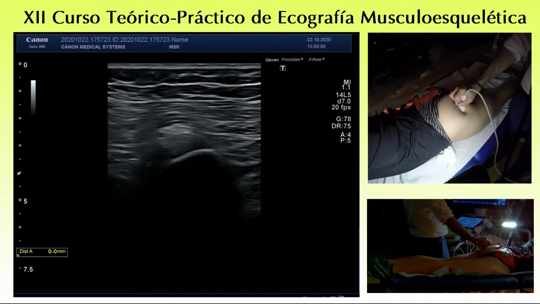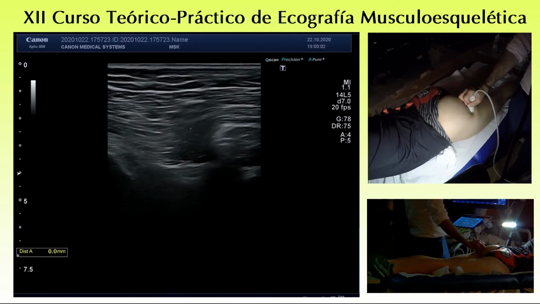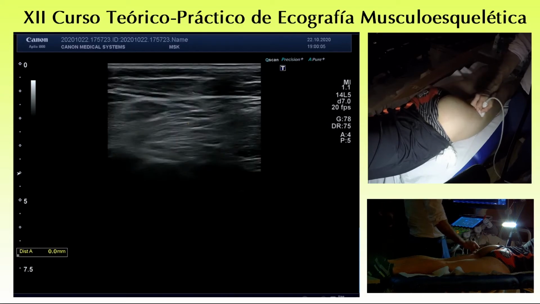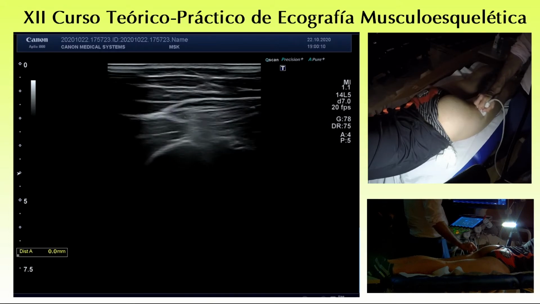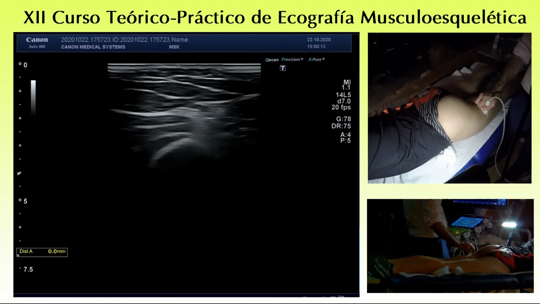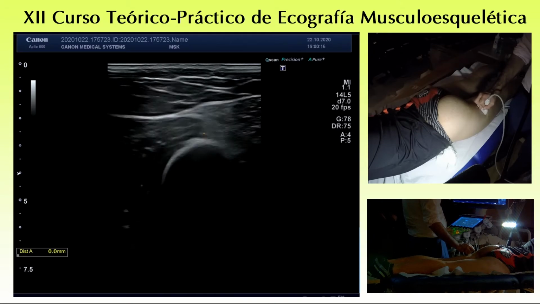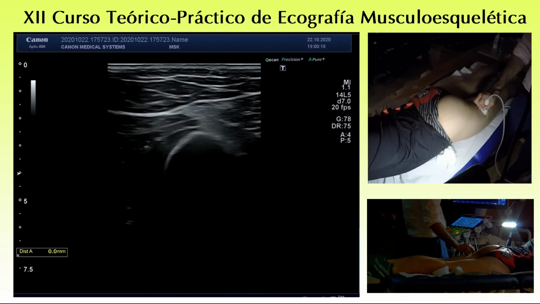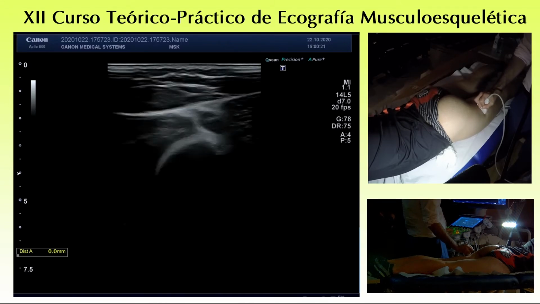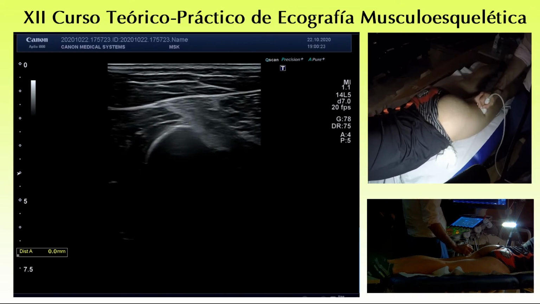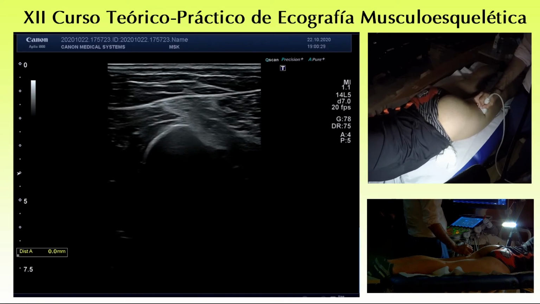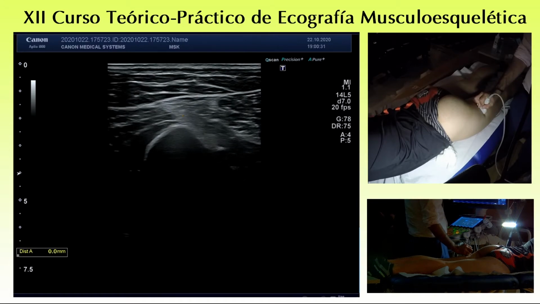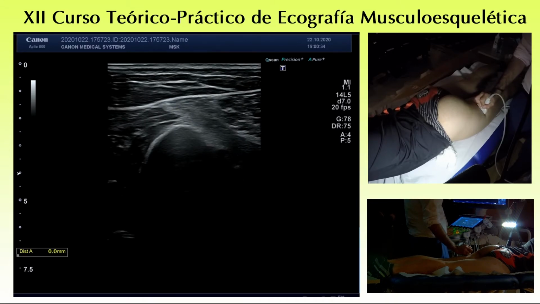Of course, sometimes you can have a pathology of the insertion of the gluteus maximus at the level of the gluteal line. This is not a common finding, but moreover if you do some sport like cycling, you can have some alteration at this point. This is the linea aspera of the femur, and this is the aponeurotic insertion of the gluteus maximus.